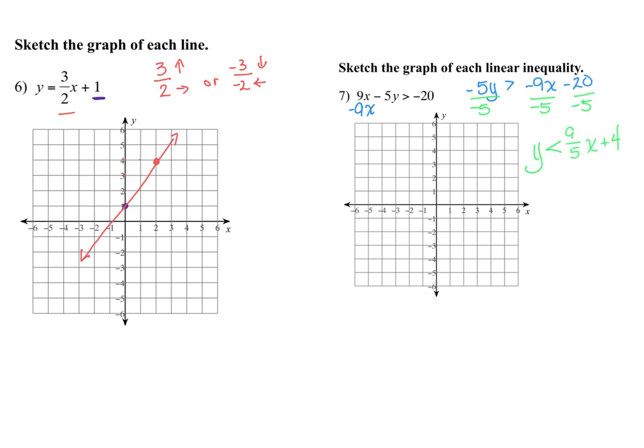And then we're going to graph the same way. 4, I'm going to go down and left because I would go off my graph. This will be a dashed line, and I will shade below.